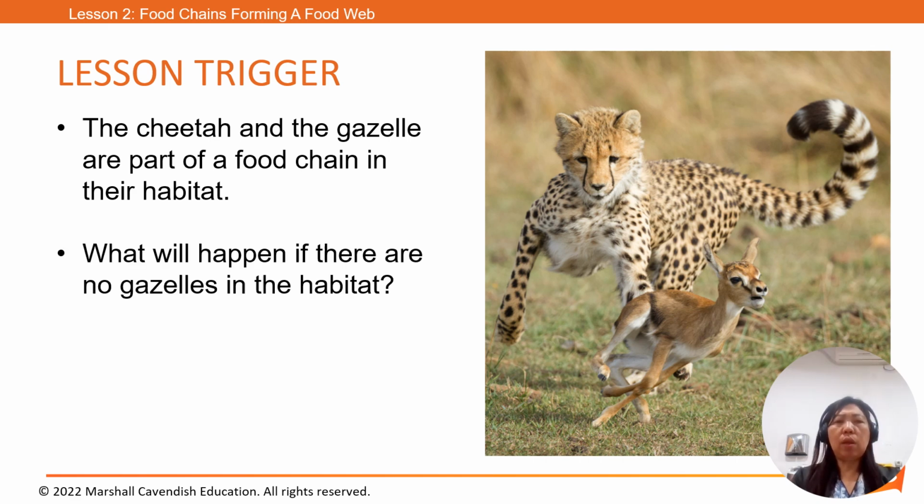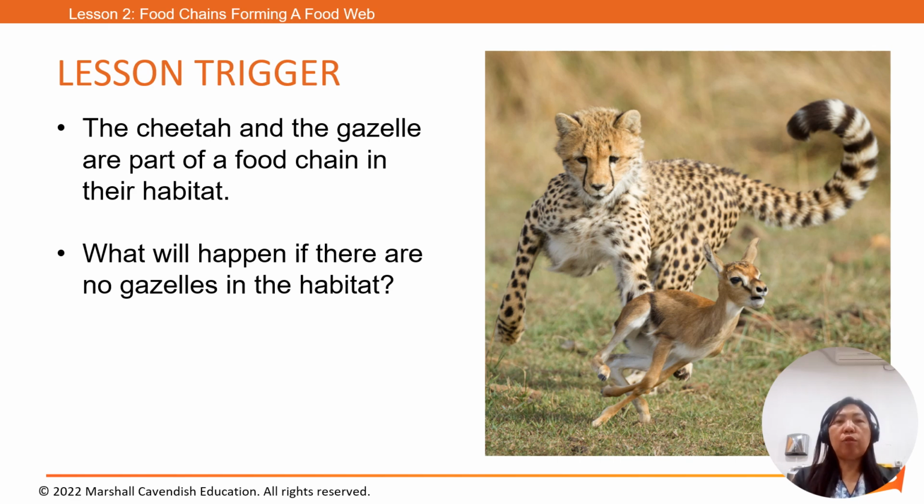Now what do you think will happen if there are no gazelles in the habitat? Hmm, let's think about it. Well, if the cheetah has no food to eat, then the cheetah may eat other animals for food, or the cheetah will have less food to eat.